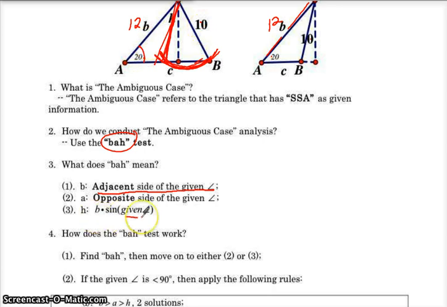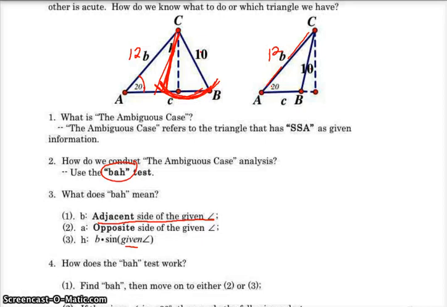And then the height, so these dotted lines up here are representing the height of the triangle. Right, so what is the height? It's the perpendicular from letter C down to side AB. So how would you calculate the height? Well, think of it as right triangle trigonometry, right? So sine of 20 degrees equals the height divided by the hypotenuse.